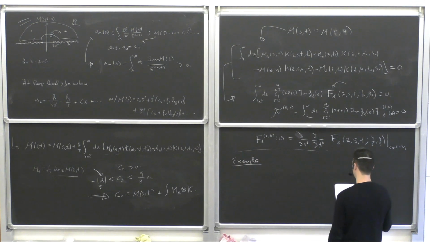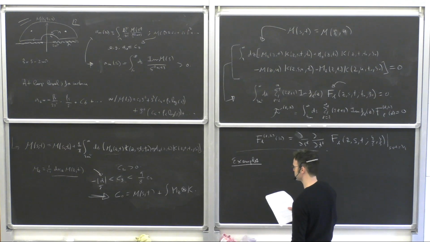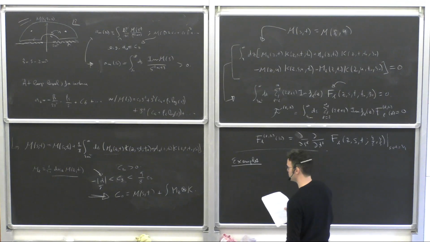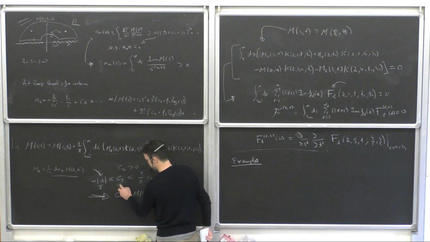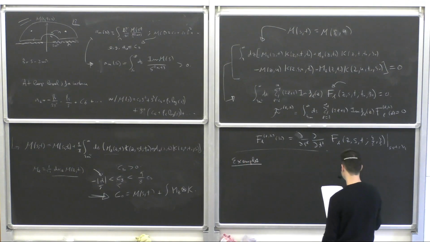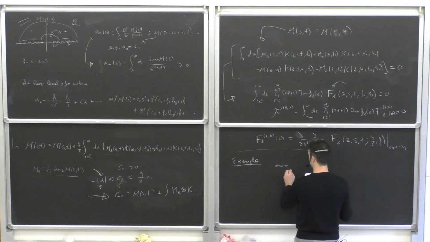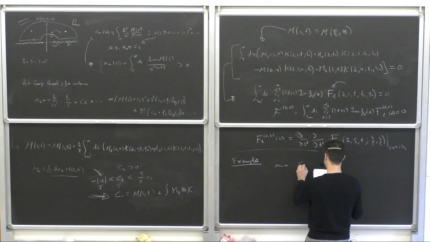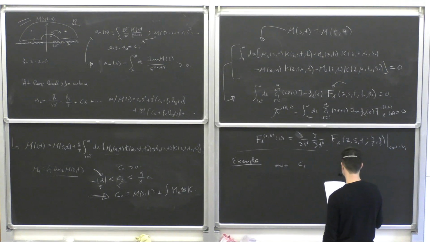These constraints will not allow us to constrain C3 by itself, but only ratios of C3 over C2. So what we're going to ask now is to find the minimum of C3.